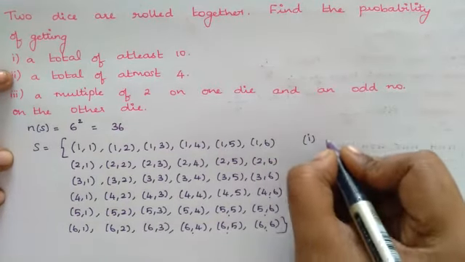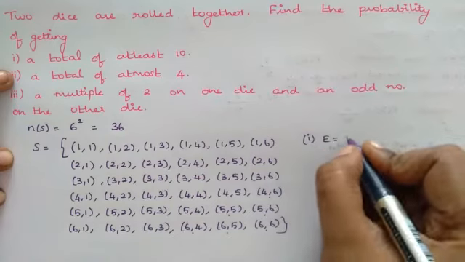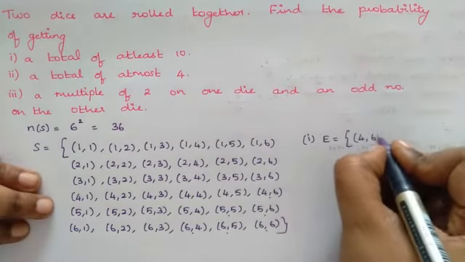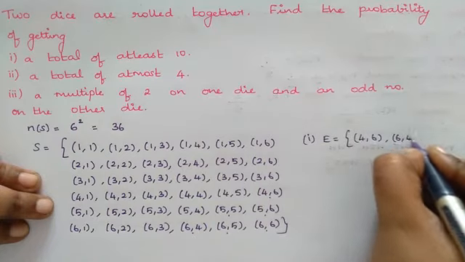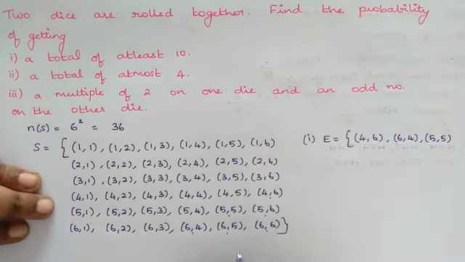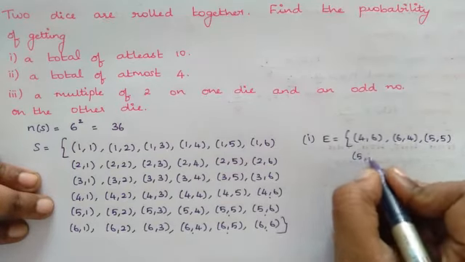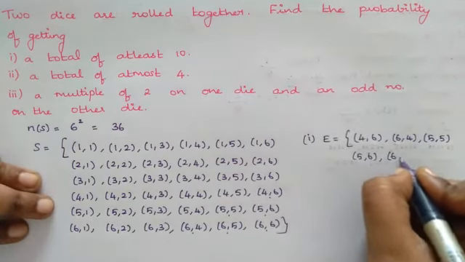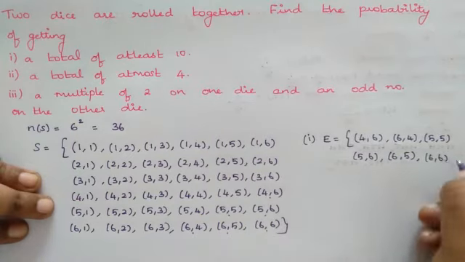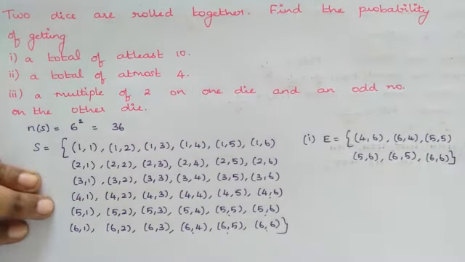Let's write the event, that is the favorable outcomes. What are they? They are 4 comma 6, 6 comma 4, 5 comma 5 where we are getting the total of 10. Then 5 comma 6, 6 comma 5 where we are getting the total of 11. Then 6 comma 6 where we are getting the total of 12.